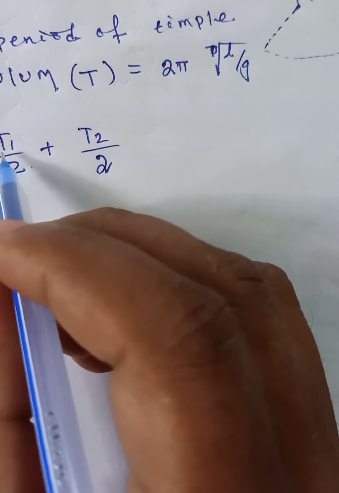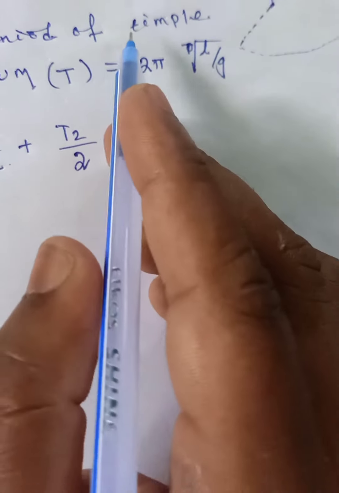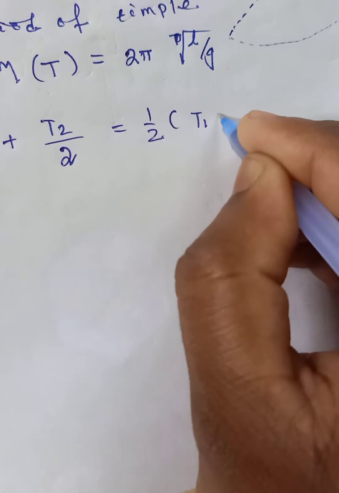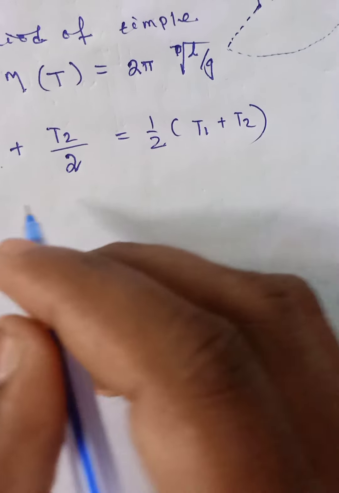Using this formula, taking half common, T equals half of T1 plus T2.